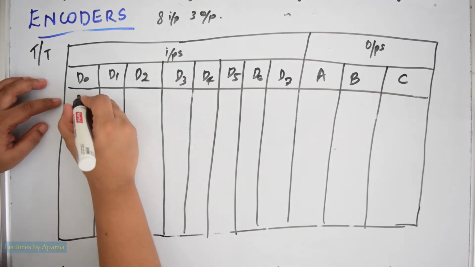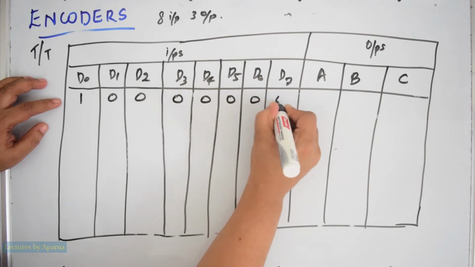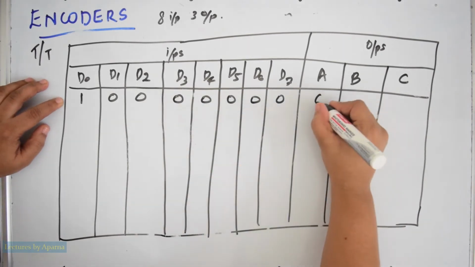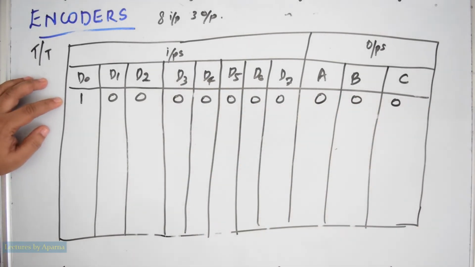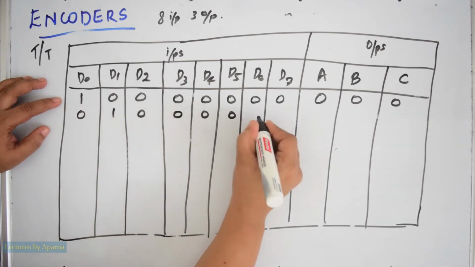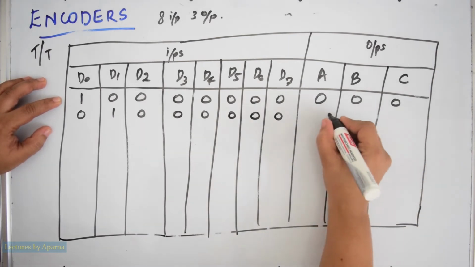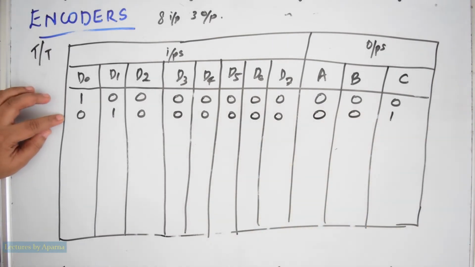Now the first case is when D0 is high and all the others are 0. In that case, ABC will be 0, 0, 0. Next case is when D1 is high, all the others are 0. In that case, the output code that we get will be 0, 0, 1.